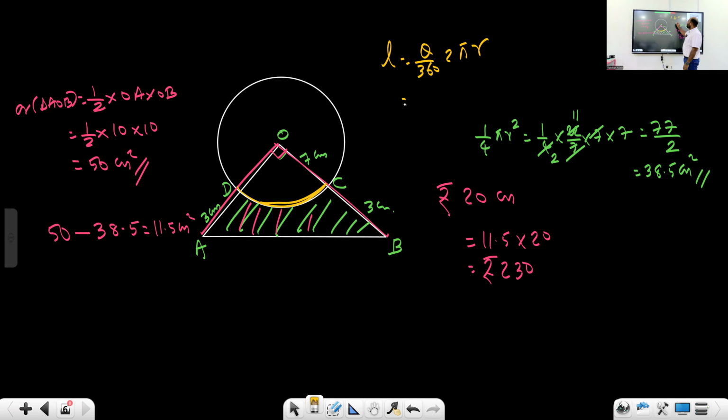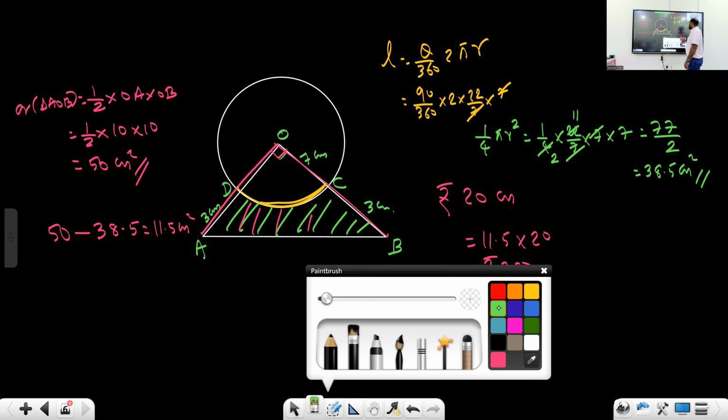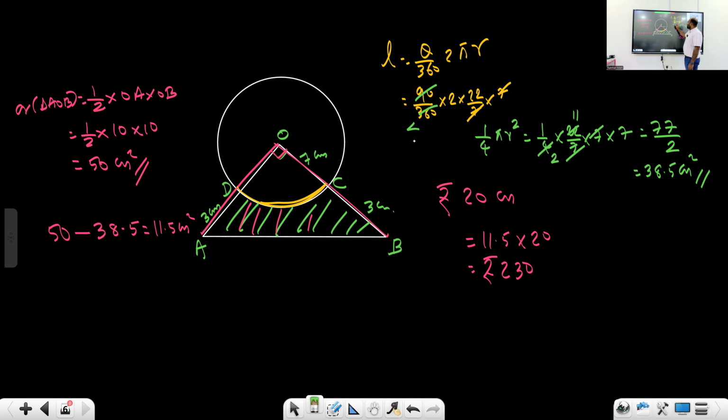What is theta here? 90 by 360, into 2 into 22 by 7 into 7. 7 and 7 cancel, 4 and 2 cancel. 11 centimeter. It is a length, so 11 centimeter.